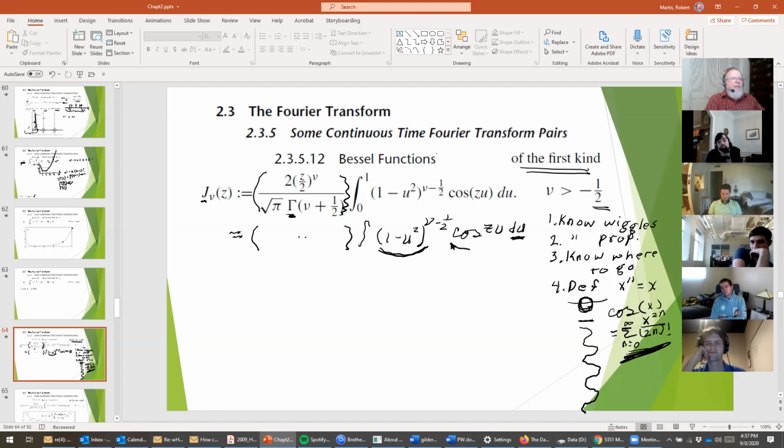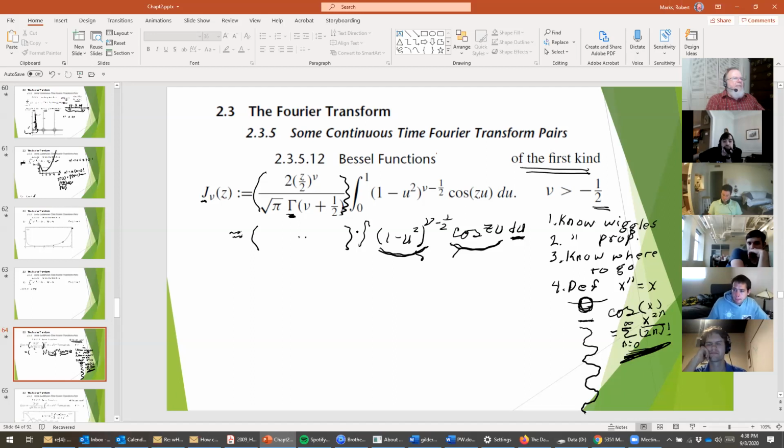What about the cosine? That's also an even function of u. So this times this is also an even function of u.